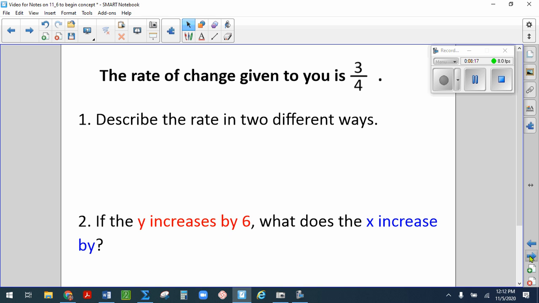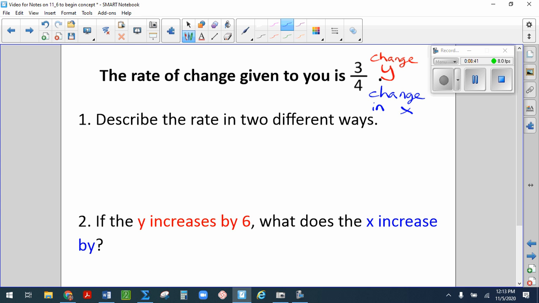Okay, the rate of change given to you is 3/4. This is a different example. So no words this time, it's just 3/4. Describe the rate in 2 different ways. The top number is your y, it's your change in your y. And the bottom number is your change in your x.